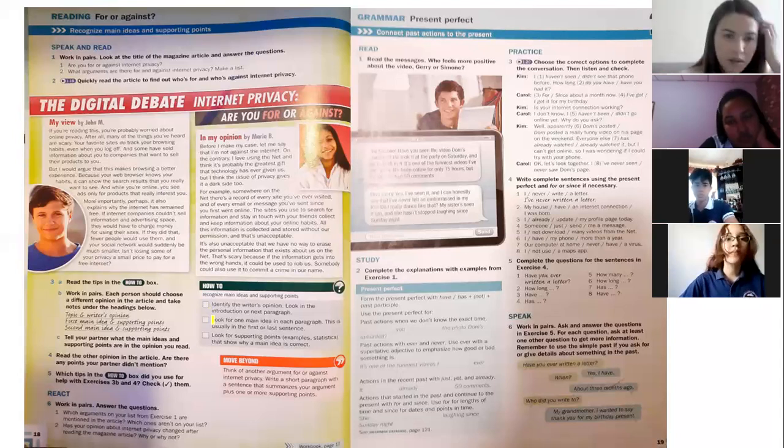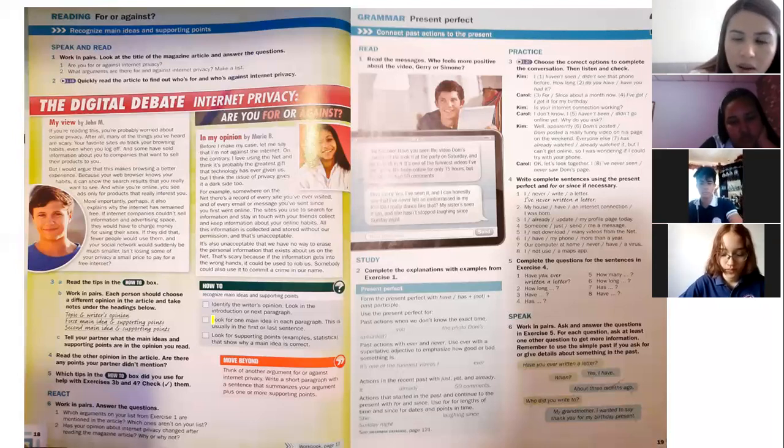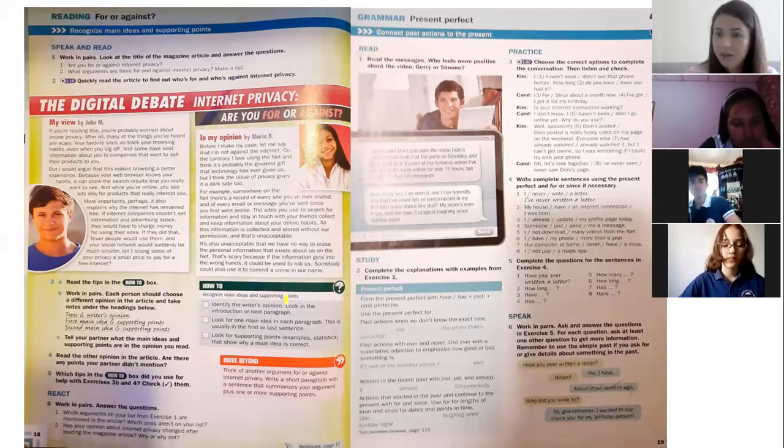The how-to box: recognize main ideas and supporting points. How can you do that? Identify the writer's opinion. You did it. Did you identify the writer's opinion?